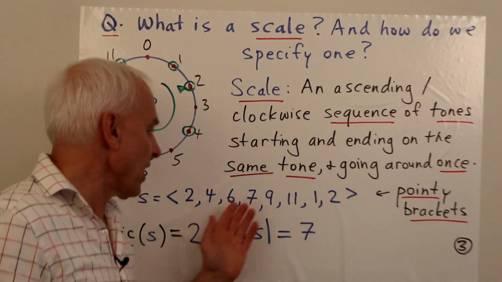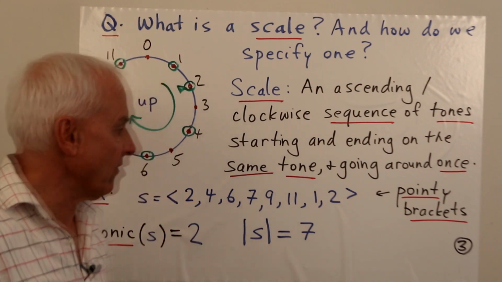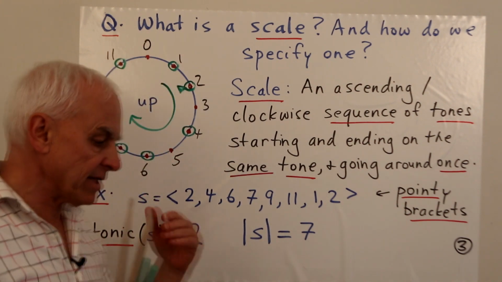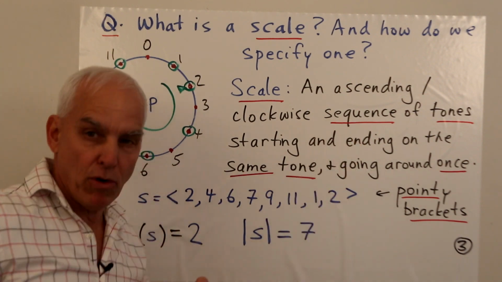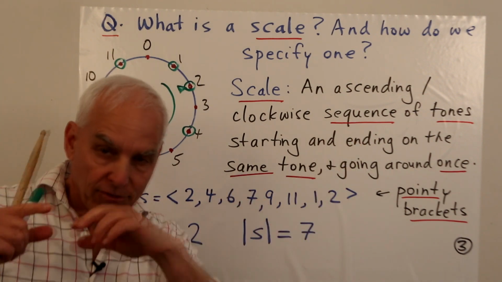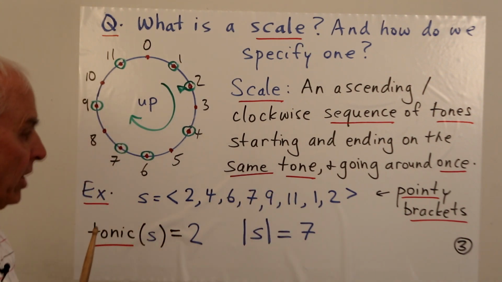So I think I'm pretty safe in being allowed to make this convention. All right. So let's say a scale is specified by these pointy brackets. When we see a sequence of notes or tones in a pointy bracket, we know we're talking about a scale.